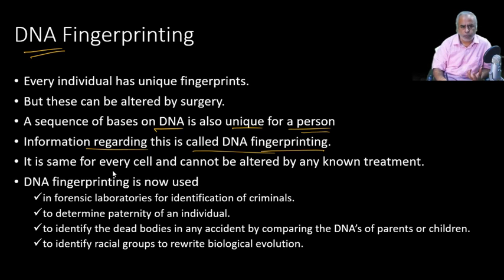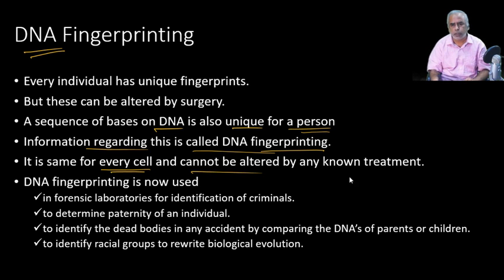It is the same, in fact, in every cell, and cannot be altered by any known treatment. And that is why DNA fingerprinting is nowadays used in forensic laboratories to identify criminals. Then to determine the paternity of an individual, so we can find out who is the father.